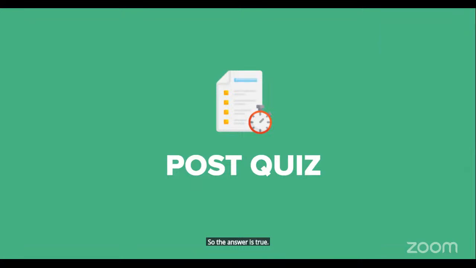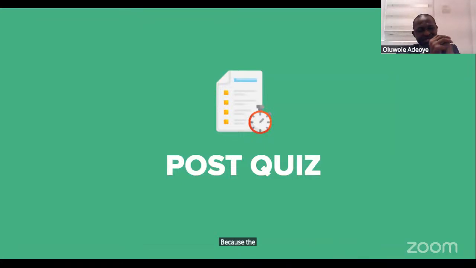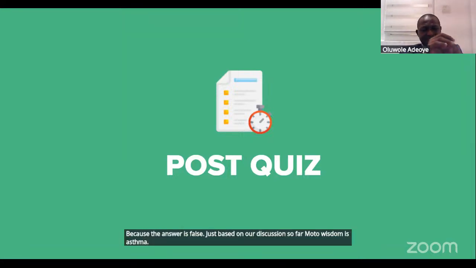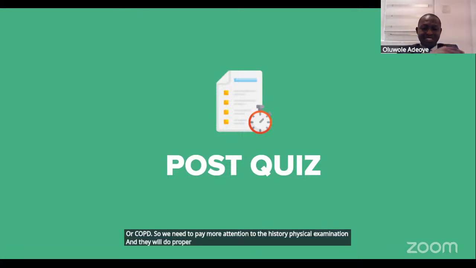Thank you, sir. And question 4, all patients with wheezing should be treated with bronchodilators and supplementary oxygen, true or false? Of course, the answer is false, just based on our discussion so far. Not all wheezing is asthma or COPD, so we need to pay more attention to the history, physical examination, and then do proper investigation to know what we are dealing with.